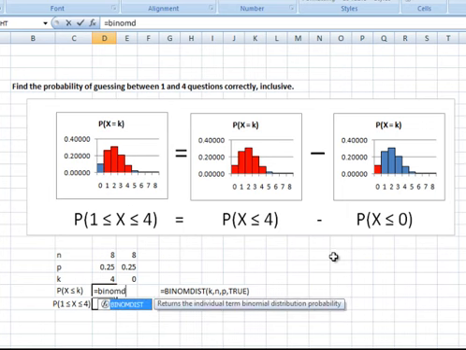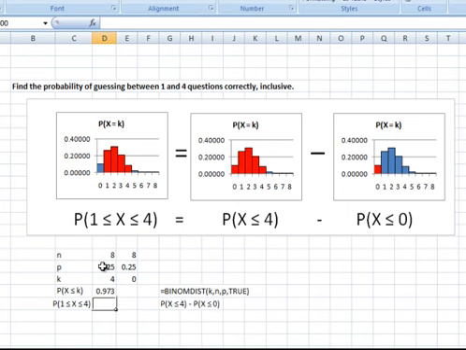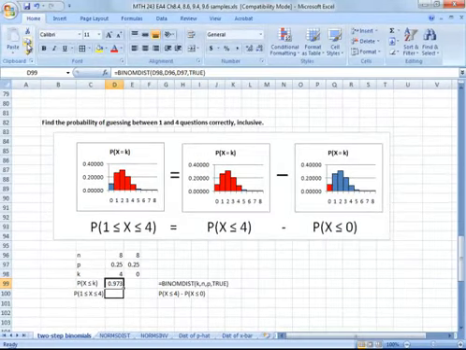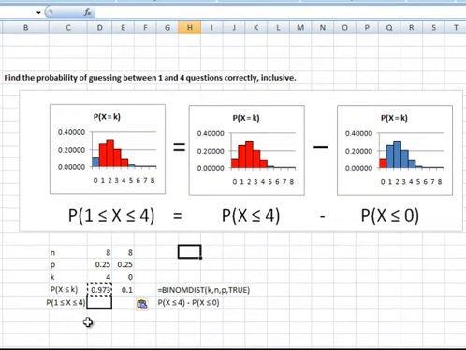Binomial dist of k, comma, n, comma, p, comma, true. Now, because I've got these lined up, I can just use copy and paste. Let's copy and paste that over there, and I get my result for the 0 case.